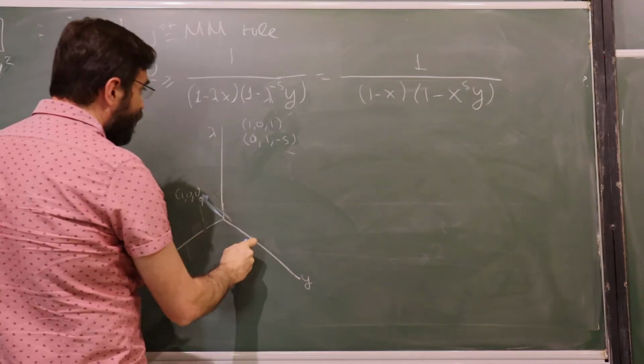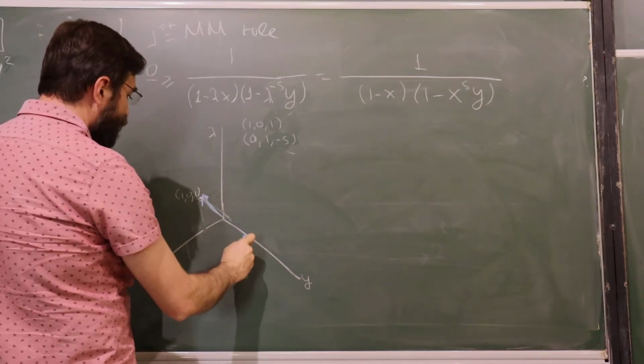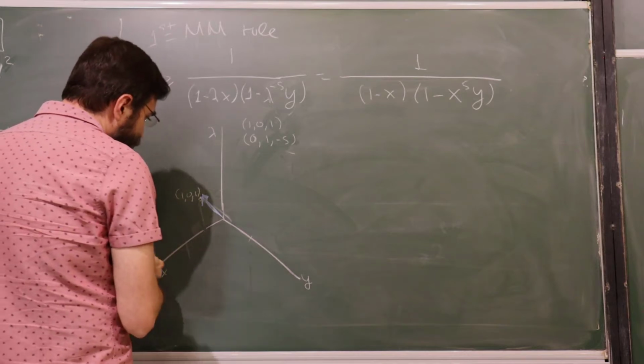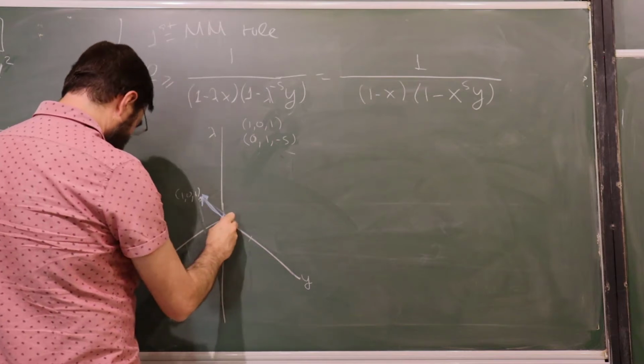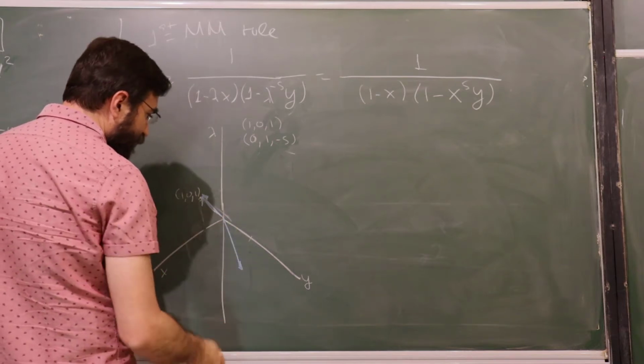And then I have the 0, 1, minus s. And it would be something like that, right?